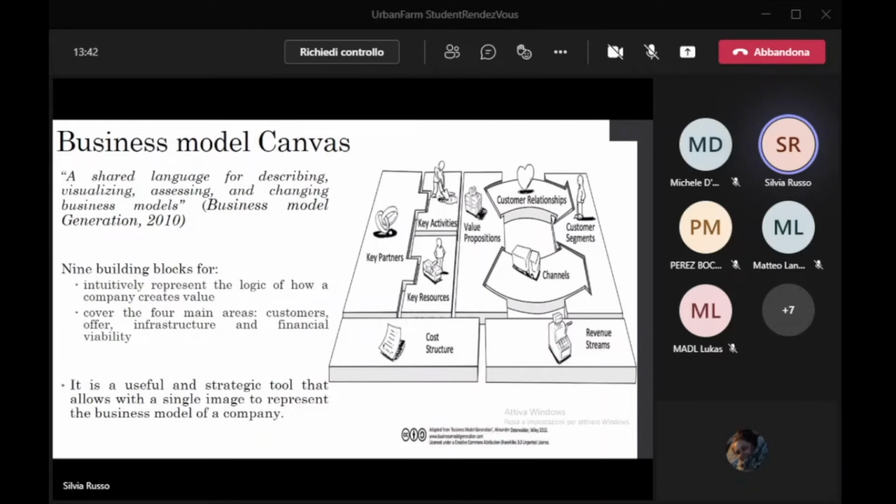Osterwalder and Pigneur believed that the best way to represent the business model of a company was through 9 building blocks, representing the 4 main areas of a company: the customer, the offer, infrastructure, and financial viability. The goal of the authors was to create a useful and strategic tool that could represent, in a single image, the business model of a company, the logic of how a company creates, captures, and delivers value using a shared language.